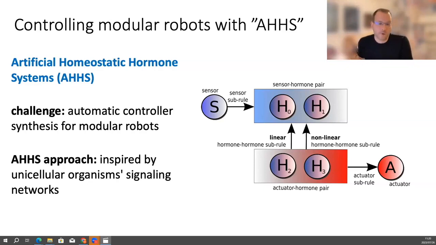Then these hormones in the module might also interact, in two ways: in a linear way or a non-linear way. Ultimately, these hormone concentrations should influence actuators. So we generate actuator values from these virtual hormone concentrations.